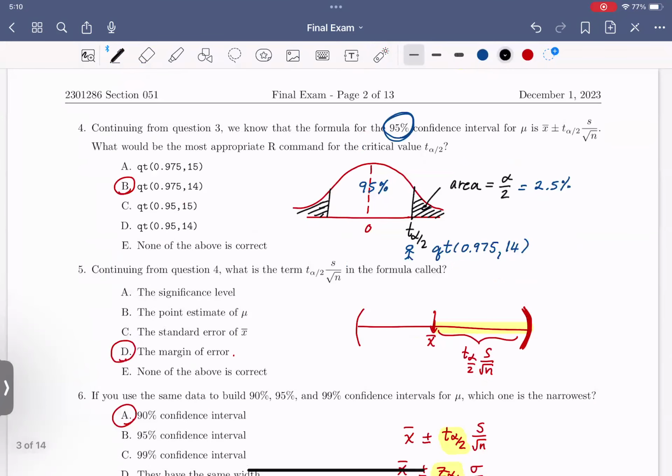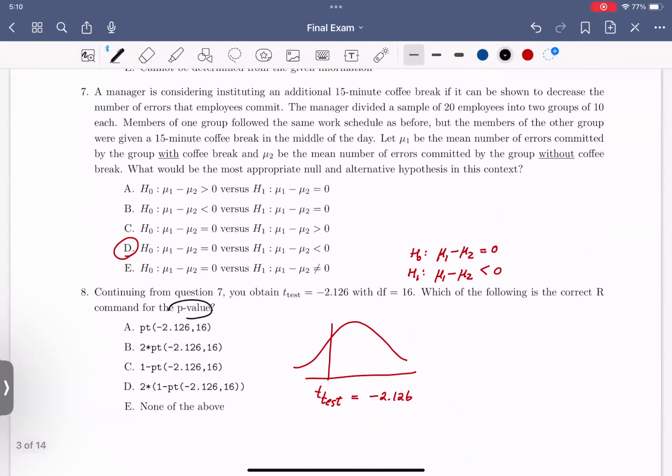So the p-value, by the definition, is going to be the area on the tail that is more extreme than the t-test here. Because in the previous question you see that you do a one-sided test, you're going to calculate the area here, and this area is called the p-value.